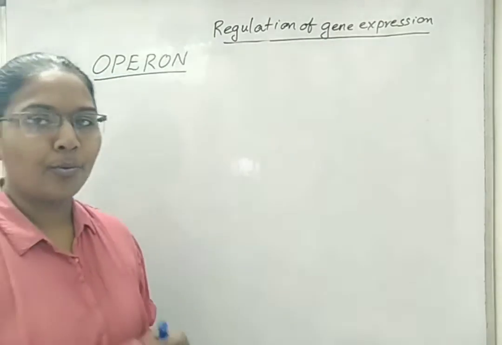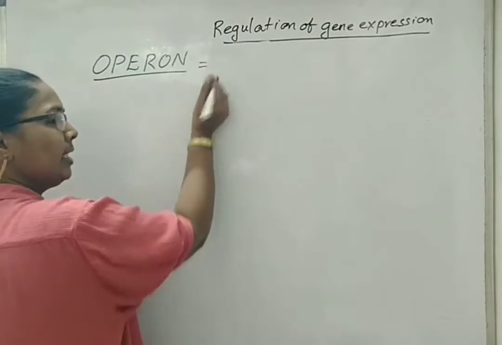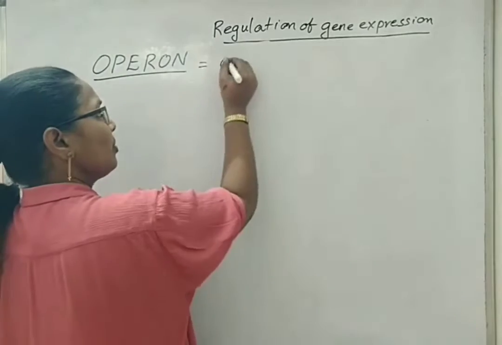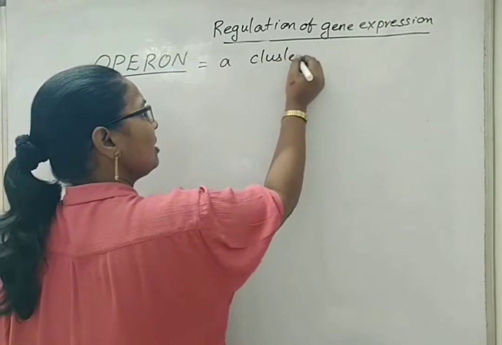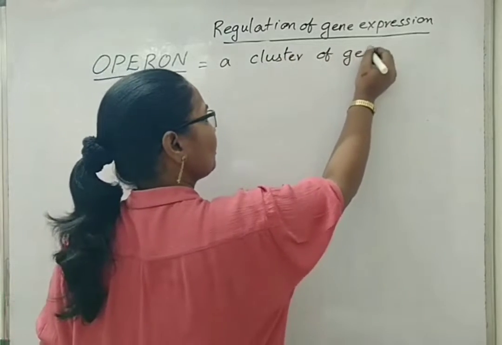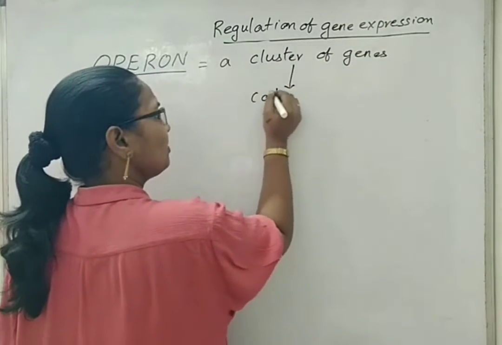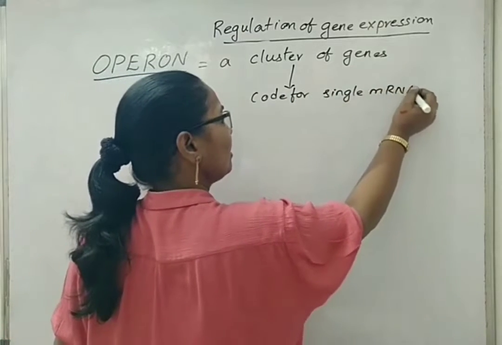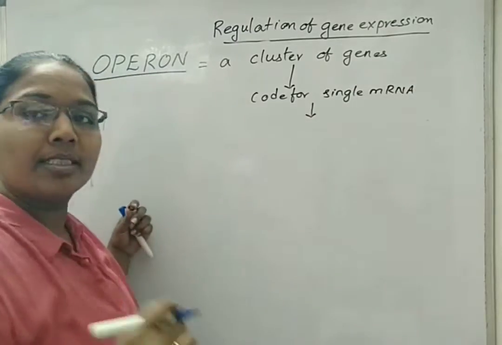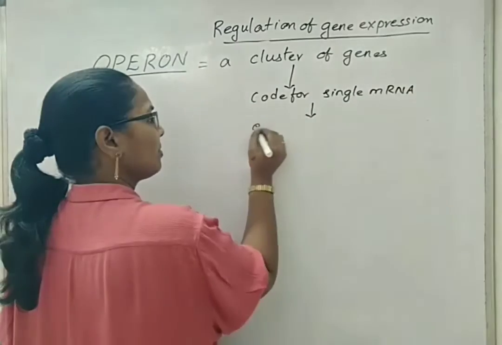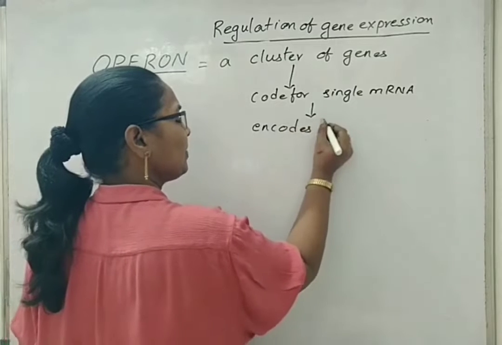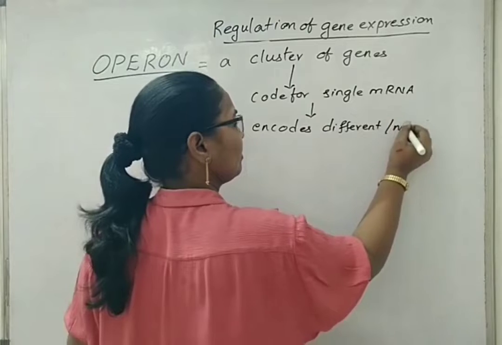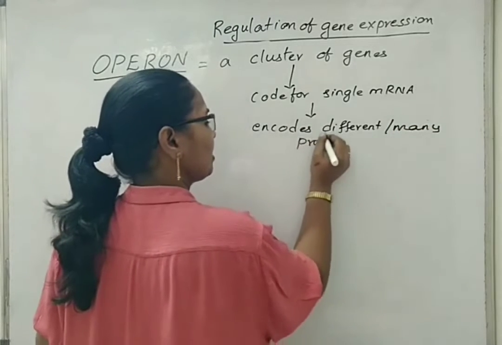Now we will see about operon. As I said, operon is a group or a combination of genes. That we will write in the form of a definition. So operon is a cluster or a group of genes that code for a single mRNA, but that mRNA encodes or translates different types of proteins, many proteins.